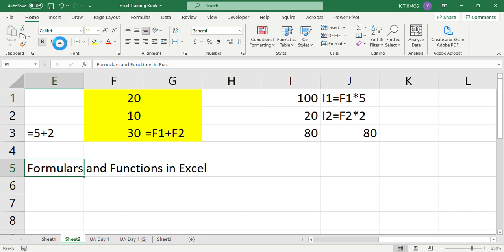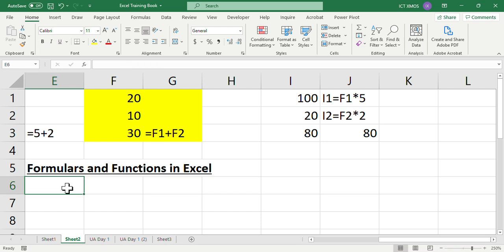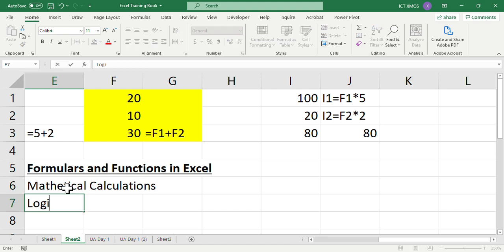Yes. Okay. So under formulas and functions in Excel, what are we talking about? We are talking about that in Excel, you can do mathematical calculations and logical calculations or decisions.